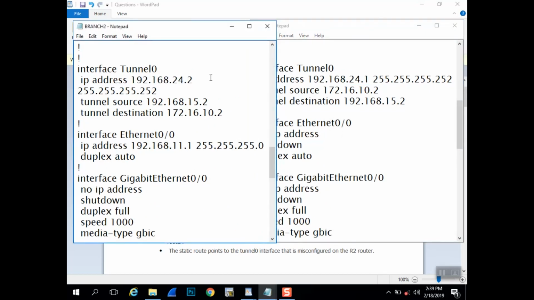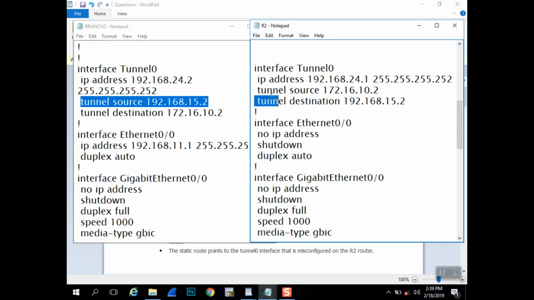As I've told you earlier, I have only 3 checklist items for GRE. First is the tunnel source, second is the tunnel destination, and third will be the routing. The first thing is to check if the source is configured correctly, and also the tunnel destination.